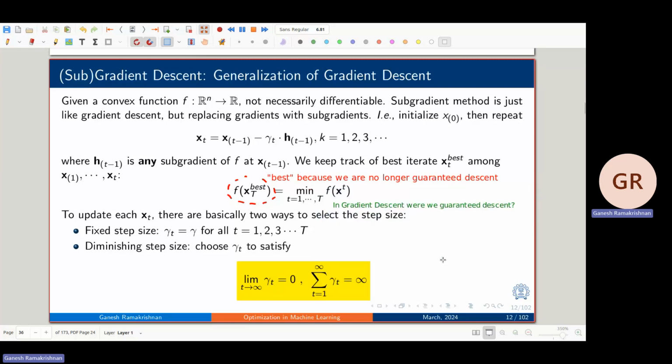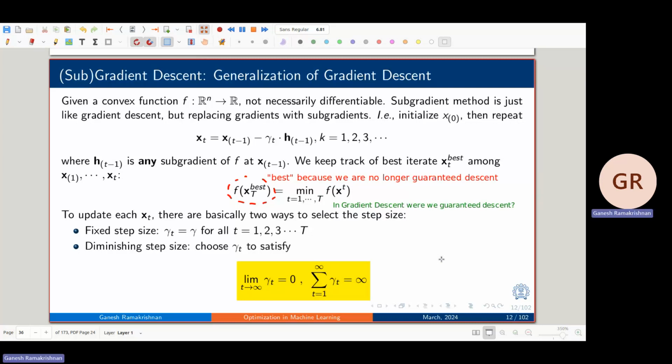It's a question. Think about it. With a subgradient, you're even embarrassed to call it a descent. Here's a subgradient algorithm. I'll put this in bracket. You need to think about it. It's not difficult to argue. I just have to do a little bit of dot products and all that.